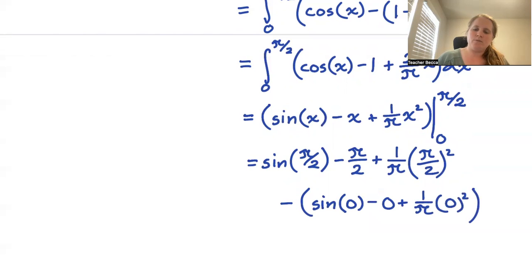All of those terms with 0 plugged in are 0, since sine of 0 is 0, 0 is obviously 0, and 1 over pi times 0 squared is 0. Sine of pi over 2 is 1.